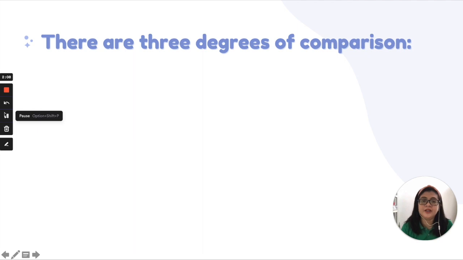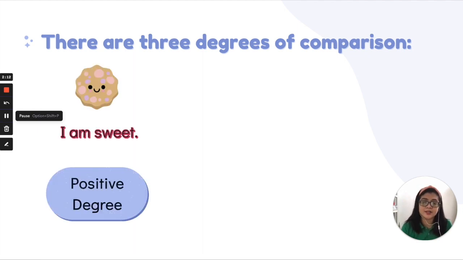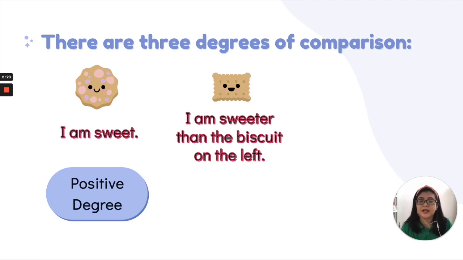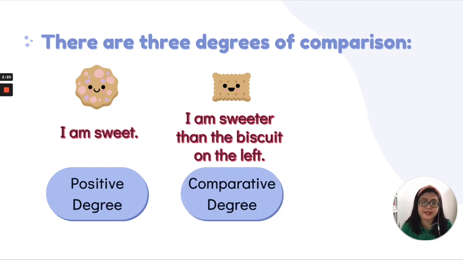Now, there are three degrees of comparison. We have the positive degree, when you're just describing a noun. So this biscuit is saying, I am sweet. And then we have the comparative degree.